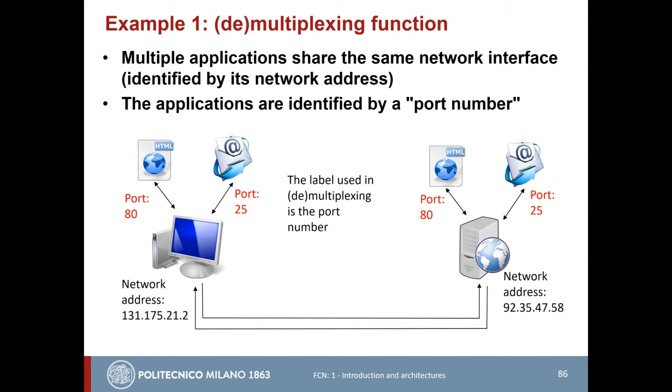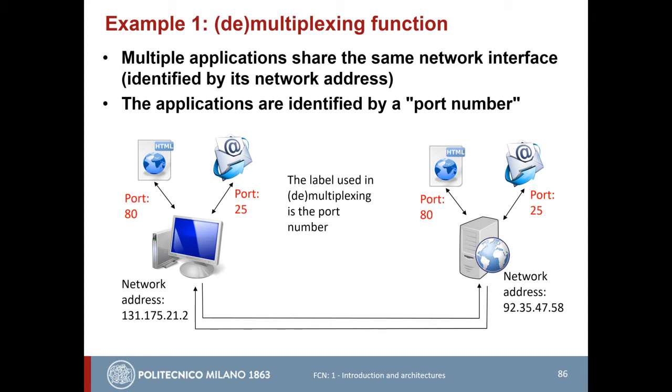So this is a concept that you can apply at different layers. In particular, just to give you an example, it's what happens at the transport layer. When you are transferring information, for example, from a client to a server. For example, when you are connecting your computer to the network, in your computer you don't have just one active process.